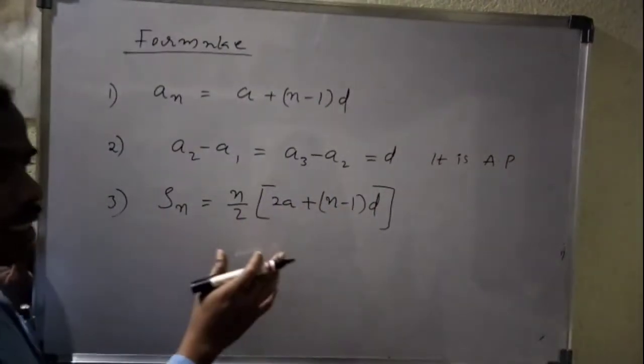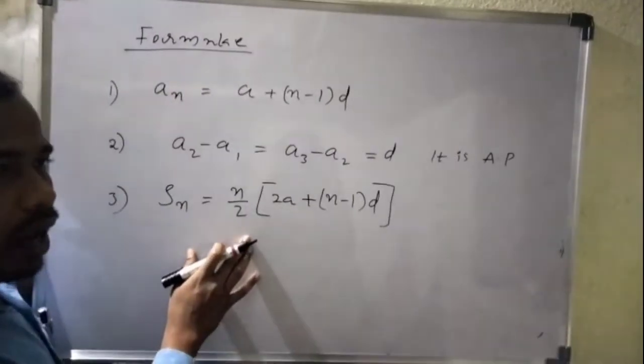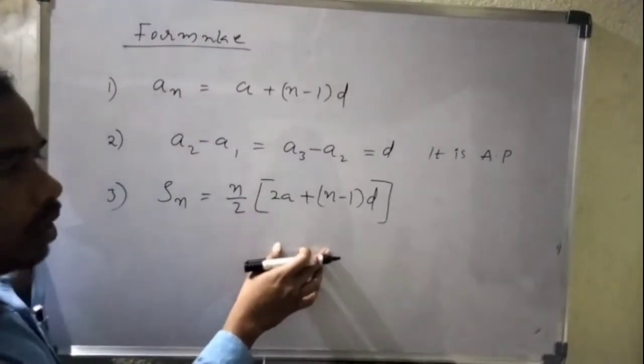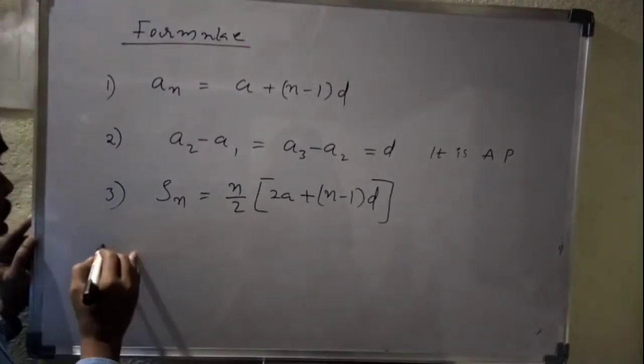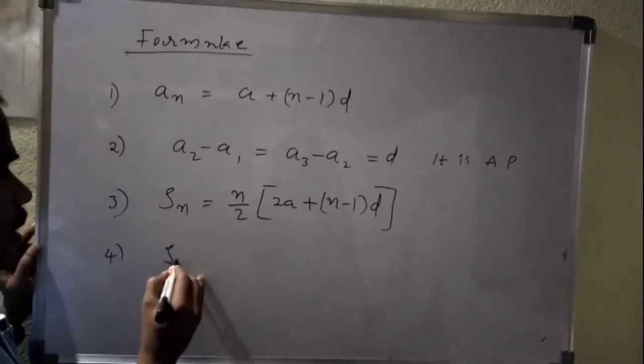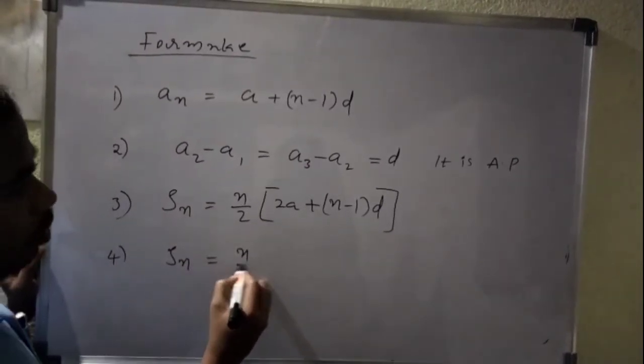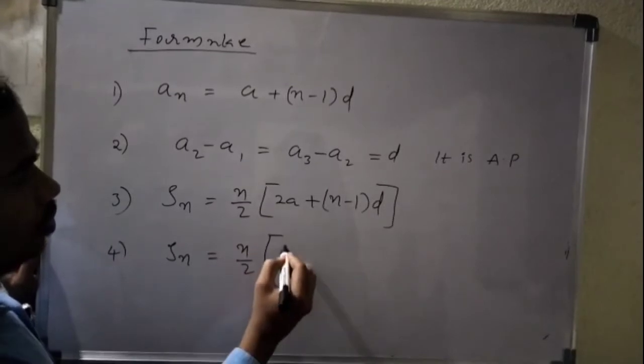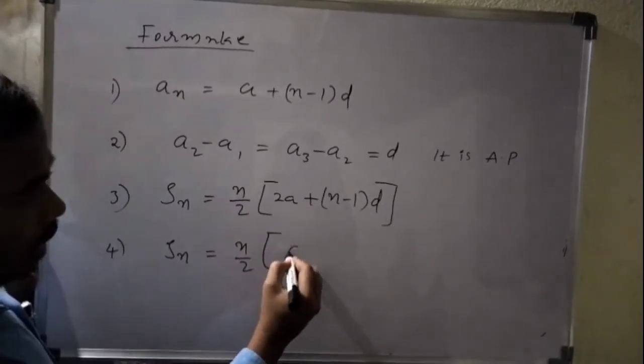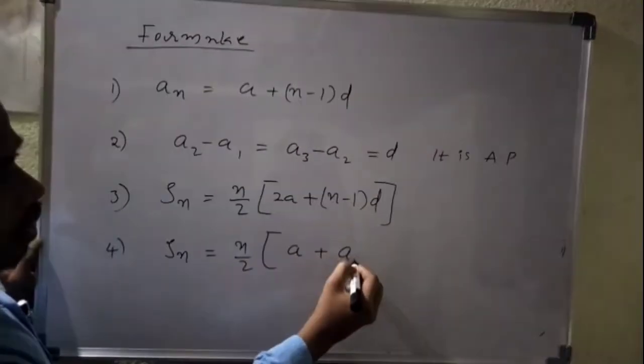And if the first term and the nth term are given in the series, then the formula is Sn is equal to n by 2 of a plus an.